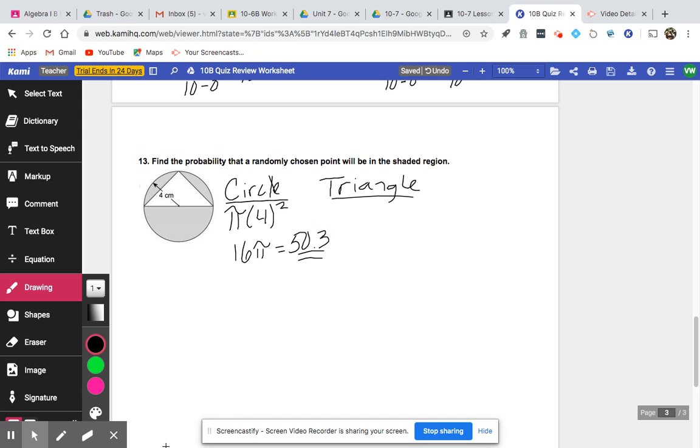So that's the one we want to use. Find the area of the triangle. You have 1/2 times the base, which is 4. Now, you might be asking, what's the height? The height actually is the diameter of the circle. So it's 8. So the area of the triangle then is 16.